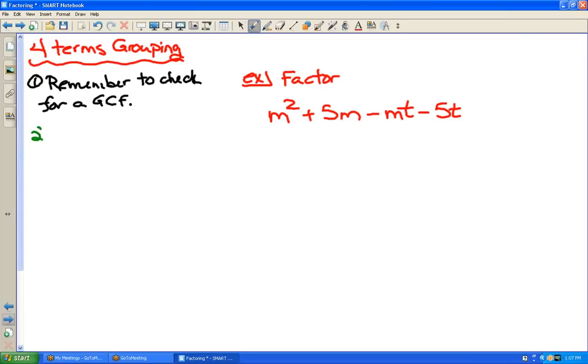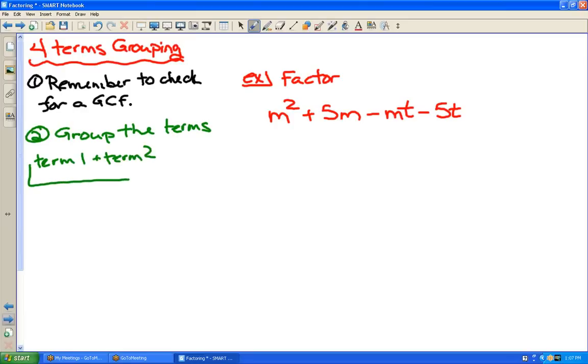So step 2. Group. Okay, so you're going to group the terms, and you're going to give yourself a little bit of room to work with, but it's term 1. Give yourself a little bit of room. And I would say pluses, even though there might be minuses in my problem.